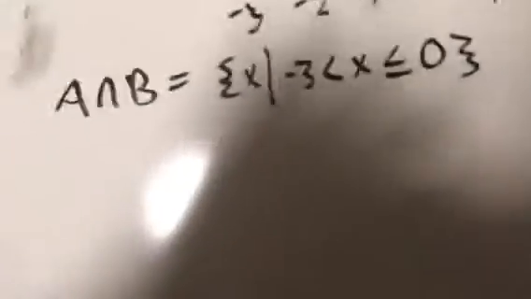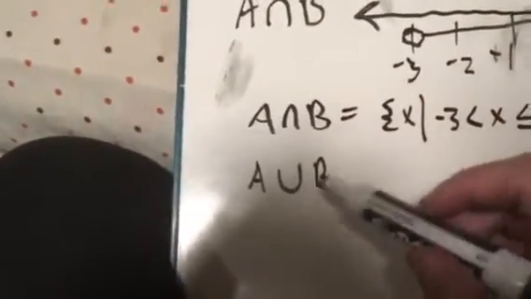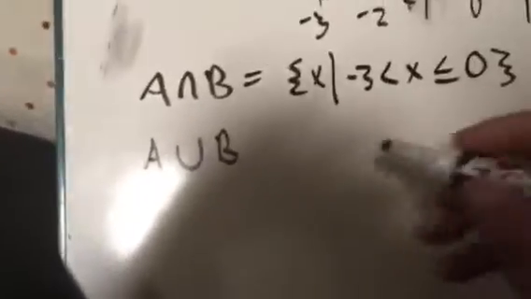And then, for the other one, when you have something like this in between them, that means union. If I have A union B, that means everything that's in A or B. All of A and all of B put together.